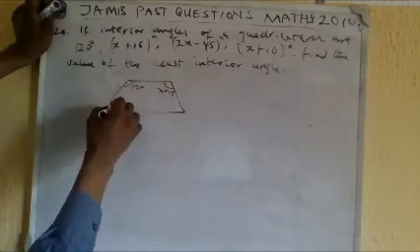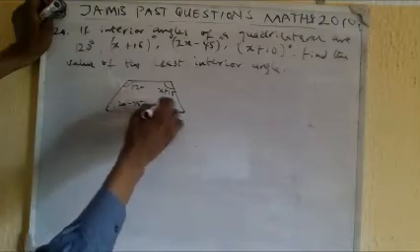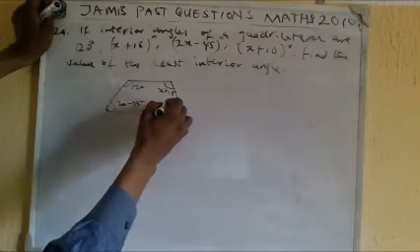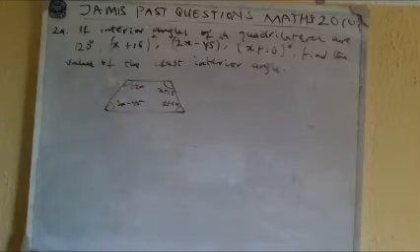This one is 2x minus 45. This one is x plus 10. So it's a four-sided shape.